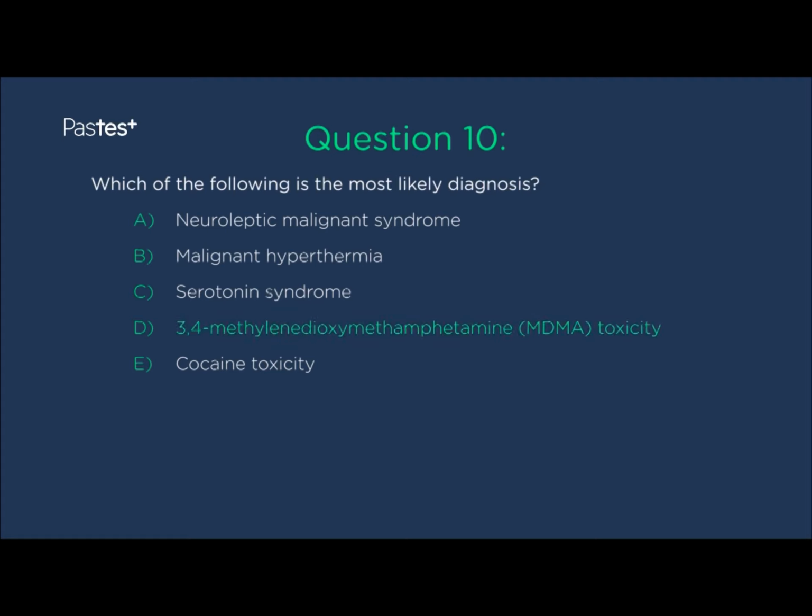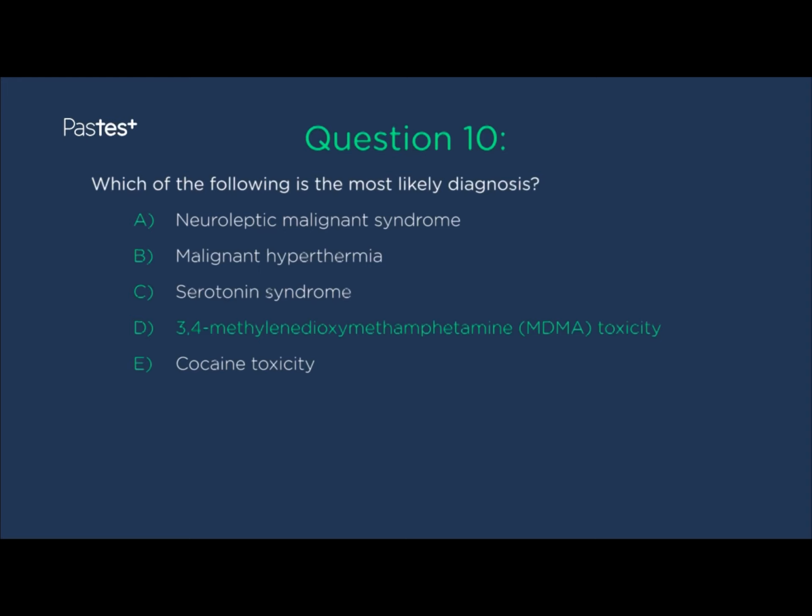And again, there are 5 options here, and I'll give you a moment to consider these. There are several clues here which tell us that she has taken MDMA, which is ecstasy. If we go back to her history, one, she has been at a birthday party, so it's likely that she has taken a drug at the party. We're told that she hasn't taken any alcohol, but she was looking for water. And you know that in ecstasy, when it's taken in some people, they will want excess drinking of water because of the excess sweating and hyperthermia that she also has.